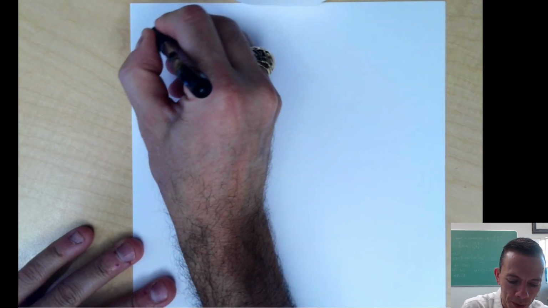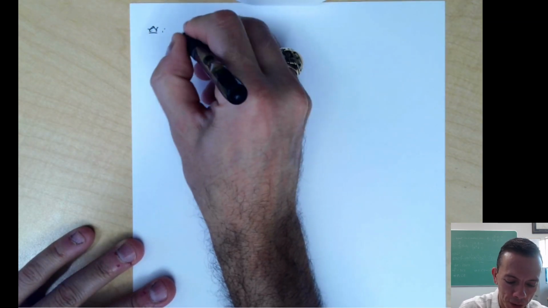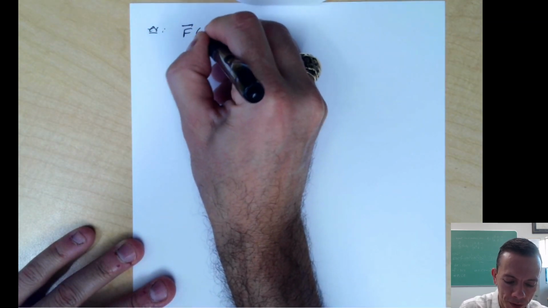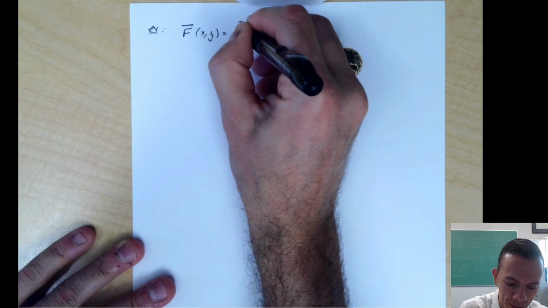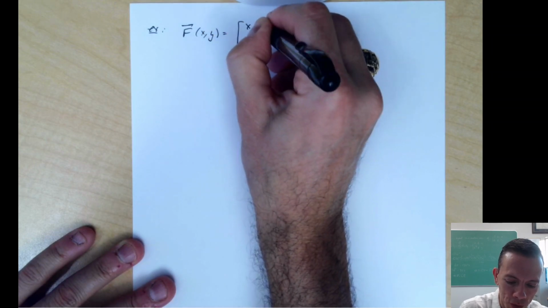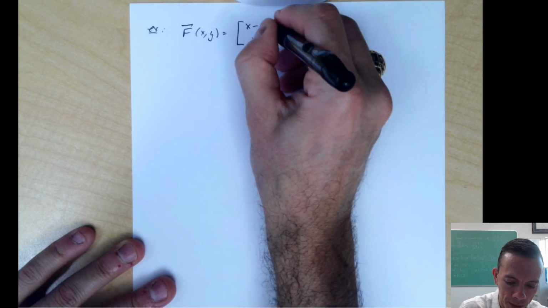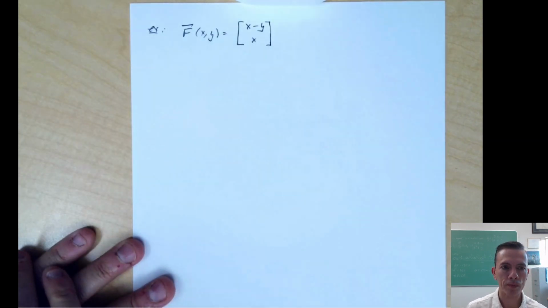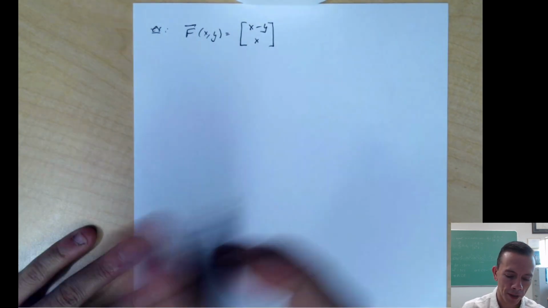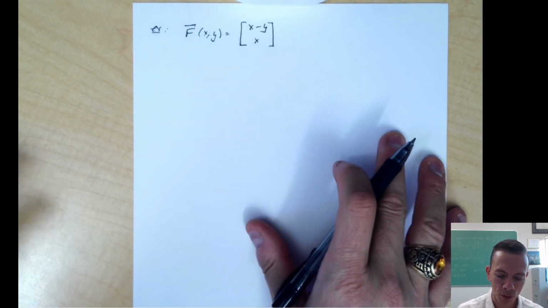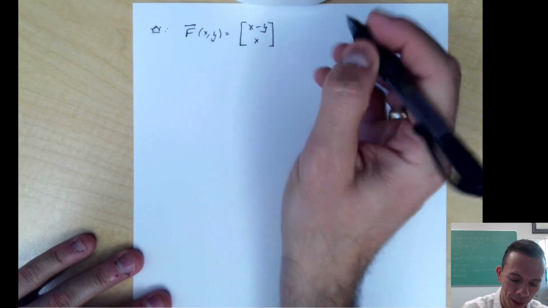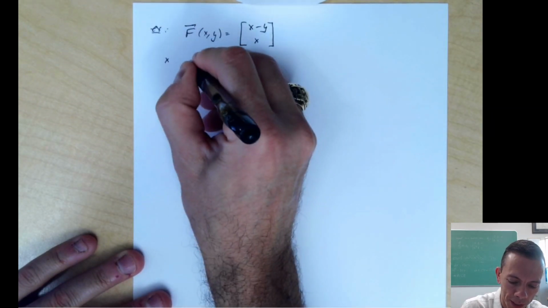So for an example, let's start with a 2-dimensional vector field. F of xy equals x minus y, x. So to get an idea of what this looks like graphically, we need to build a table of values.